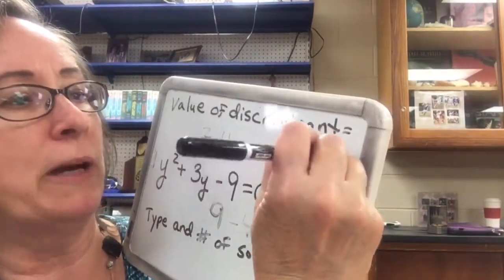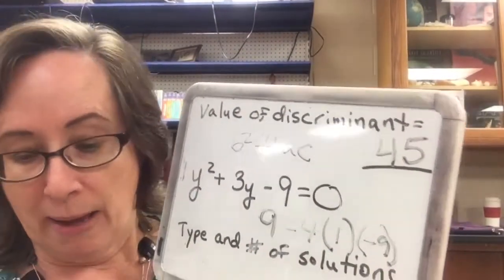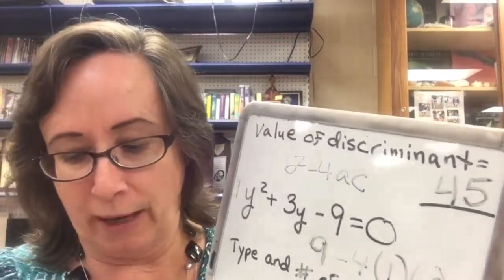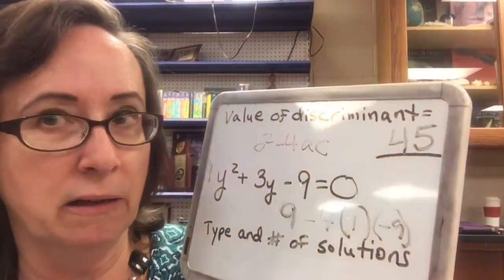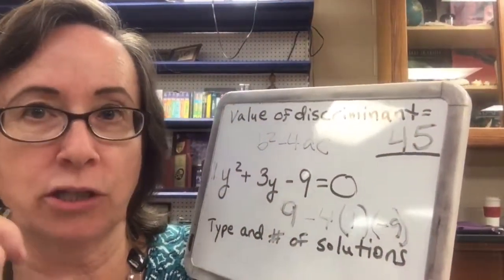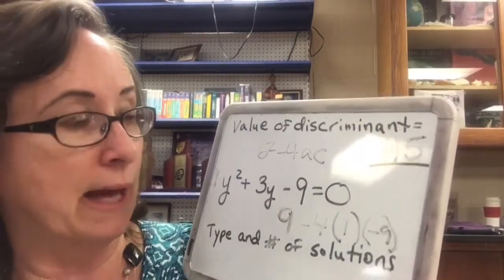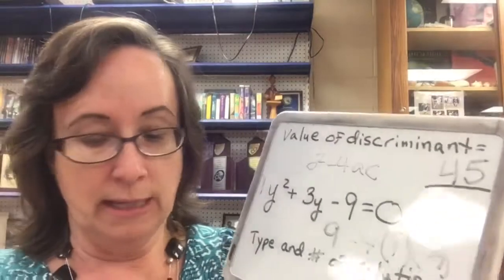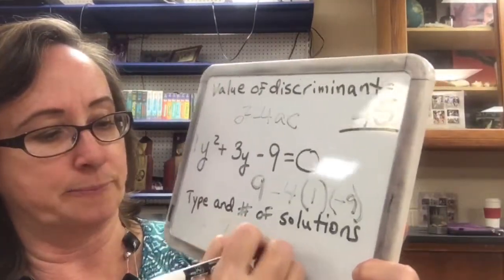So I have a 45 discriminant, which is positive, but not a perfect square. So I will have two real irrational solutions. They're not going to be rational because it needs to be a perfect square to do that. So they're going to be two irrational solutions.